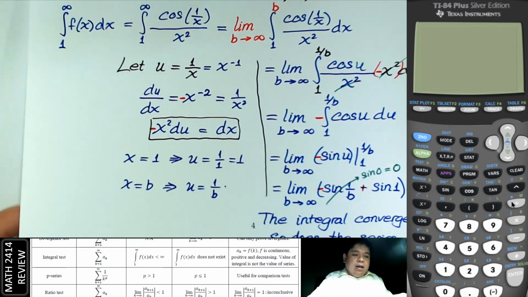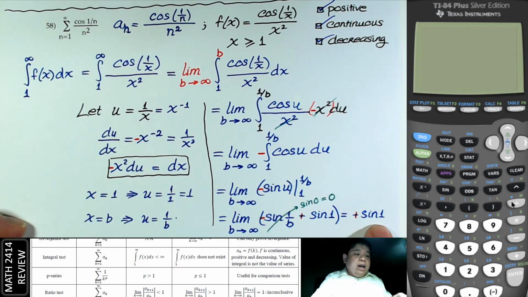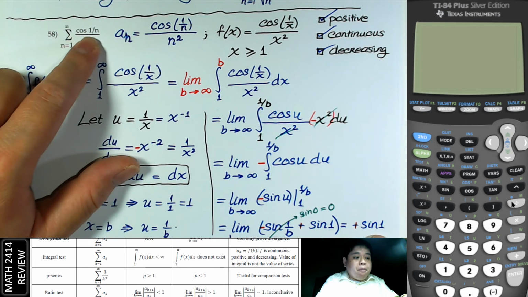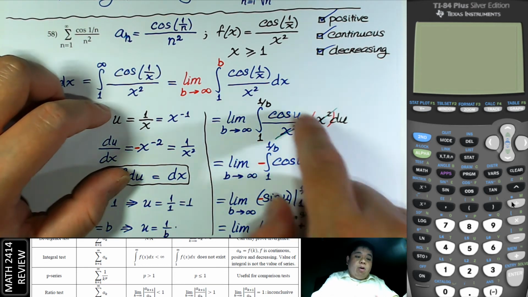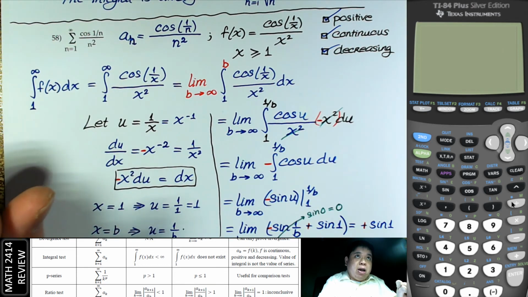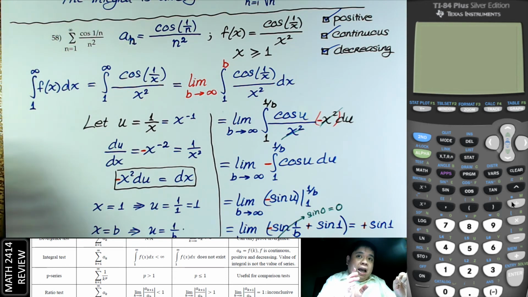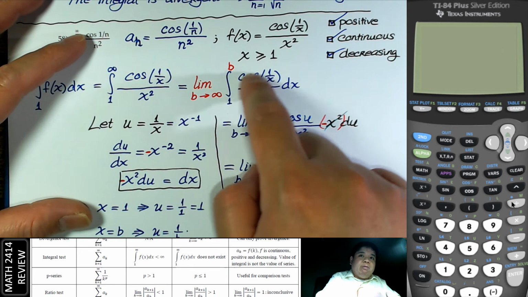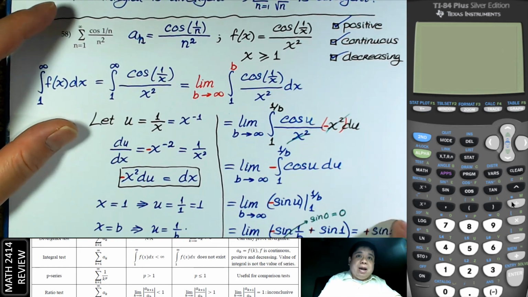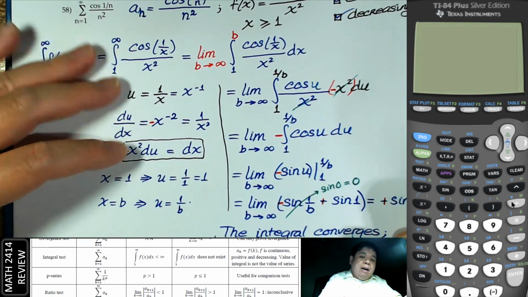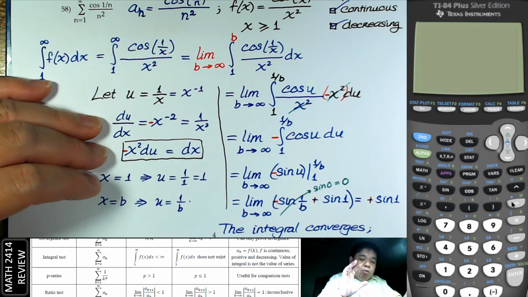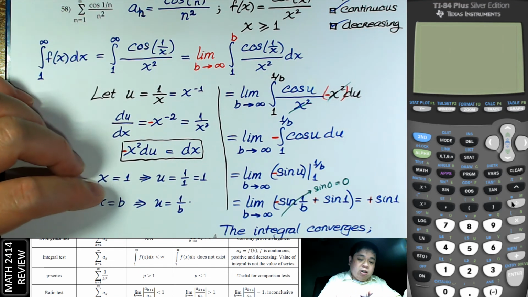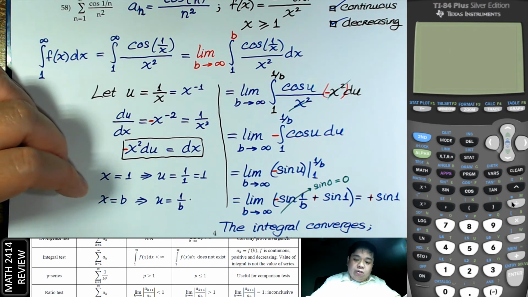Like I said, the values here have nothing to do with the values here. The value here is for the integral. The values here is the summation. They're not the same. However, since in the integral all of the function here is positive, we still expect to have a positive answer. But regardless, the integral converges. The series also converges.